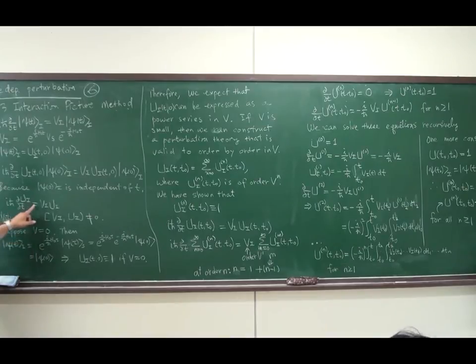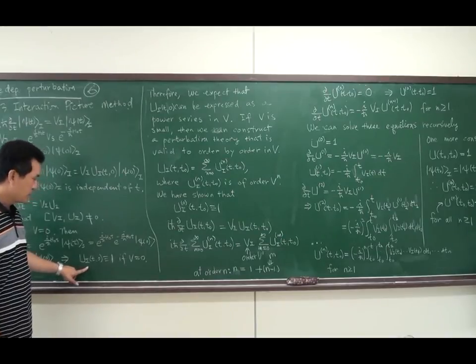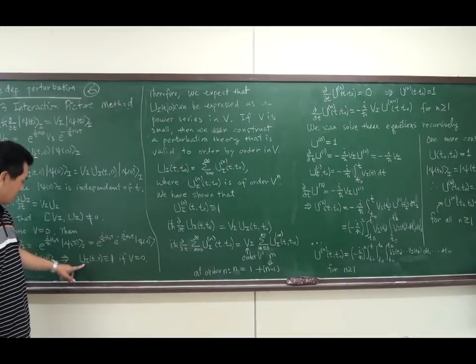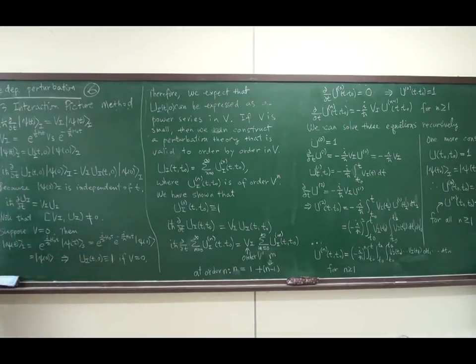The time derivative of Ui is just 0. That means Ui becomes a constant, and in order to have the same value at t equals 0, that constant must be 1. So if the potential is 0, then Ui is exactly 1.